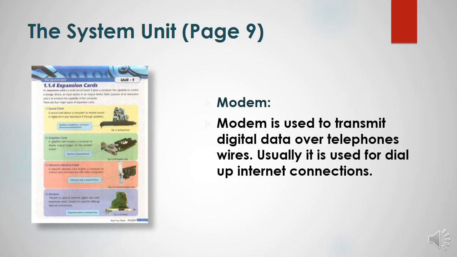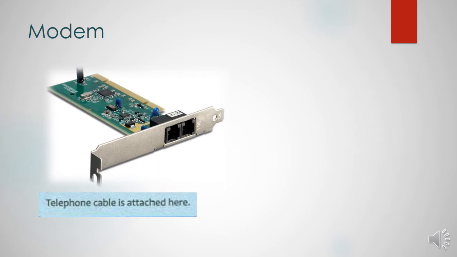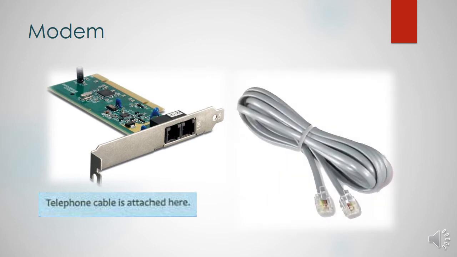So we know that whenever we want to connect to the internet with the help of telephone wires, we need modem, and modem is also used for dial-up internet connections. This is the image of modem and telephone cable is attached here.